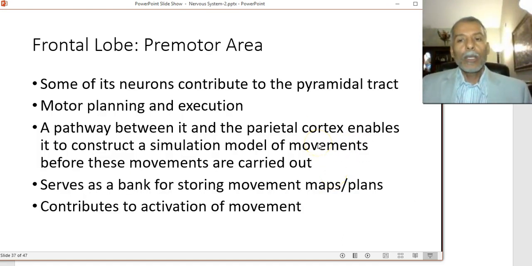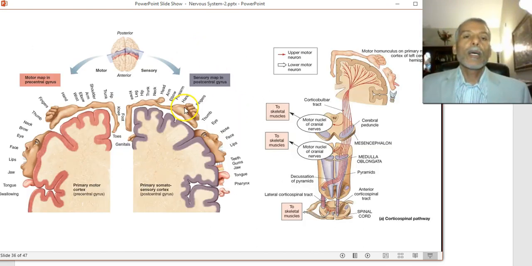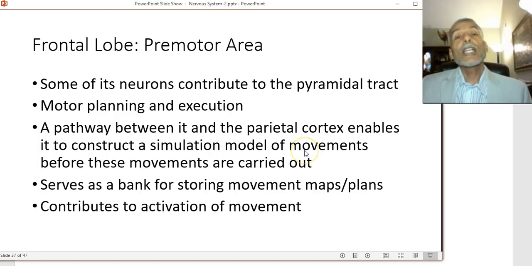So the premotor areas, as I explained, their role in the movement is to plan movements and construct simulations of these movements, and choose the most effective movement patterns that cost the least amount of energy, to send them to the prefrontal cortex so that it can decide whether they should be used.